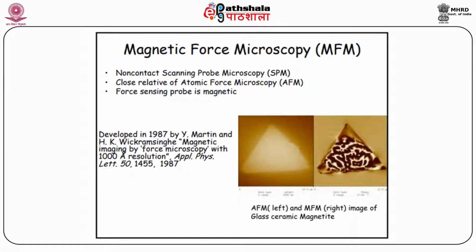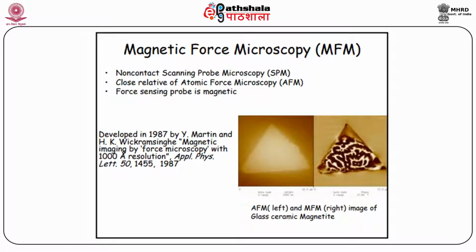We have been talking about magnetic force microscopy, and here a brief outline of that has been given. It is abbreviated as MFM. It is a non-contact scanning probe microscopy, referred to as SPM, a close relative of atomic force microscopy, AFM, and the force sensing probe, which is magnetic, is also indicated here.